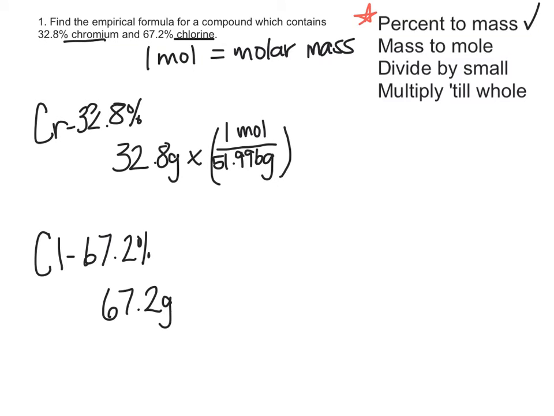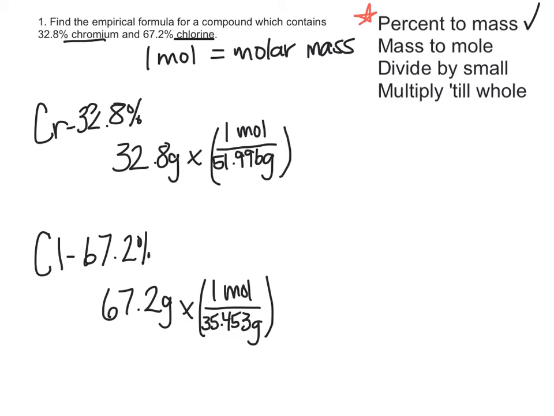Okay, and I'm going to do the same thing down here to set up my conversion factor for chlorine. I look on the periodic table, and chlorine, the atomic mass, is 35.453, and that's grams in 1 mole of chlorine.